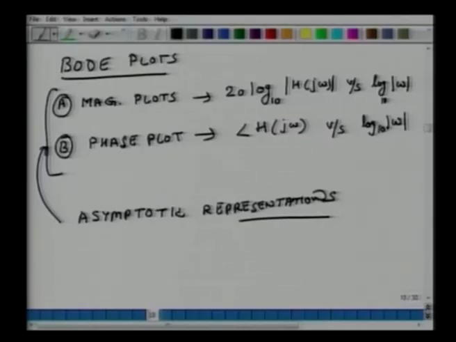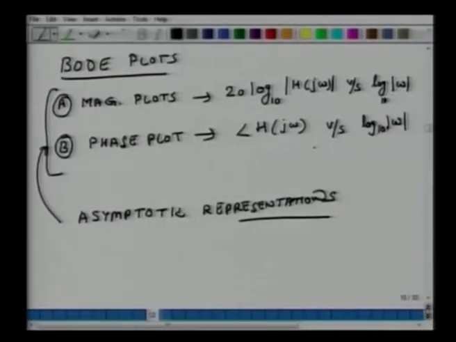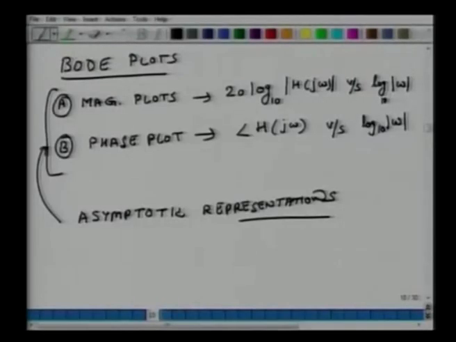So essentially we are trying to plot the asymptotic behavior of magnitude and asymptotic behavior of phase of H as omega is changing. In case of the magnitude plot, we are plotting asymptotic behavior of H on a log scale in the vertical axis and also on a log scale on the horizontal axis. For phase, the vertical axis is still linear, but the horizontal axis is log scale.